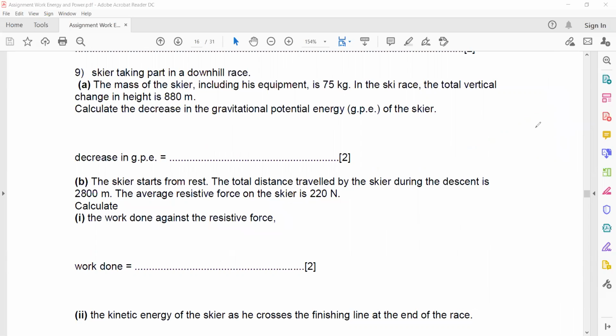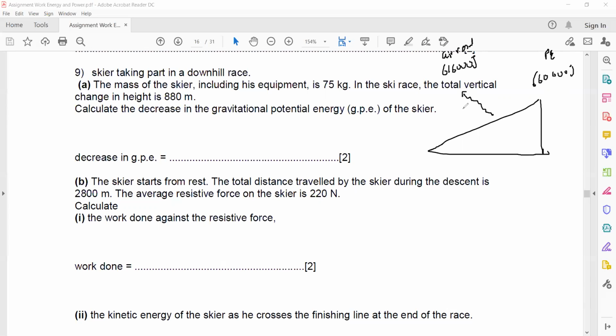So the skier at the height has 660,000 joules of potential energy. Because of the air resistance, because of the resistive force, he has to lose energy. He lost 616,000 joules because of air resistance. How much is the kinetic energy at the finish line?